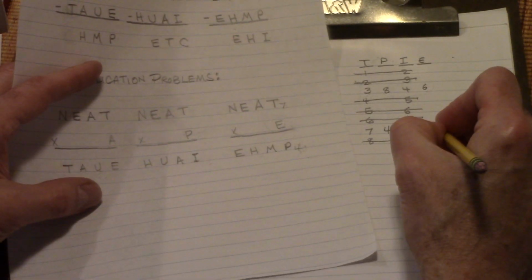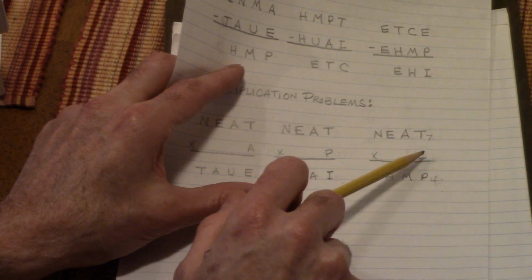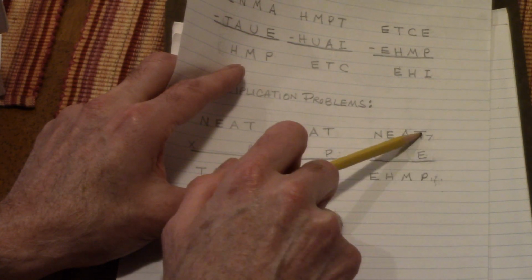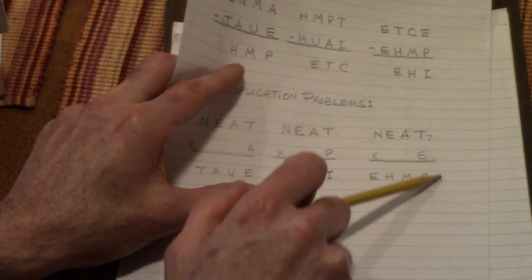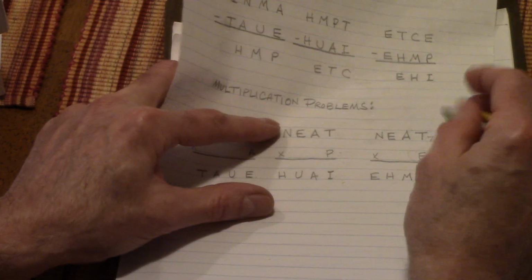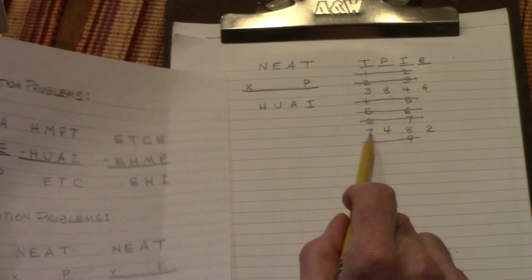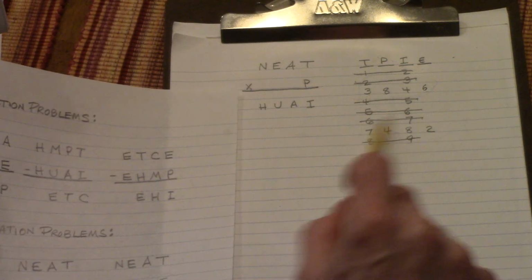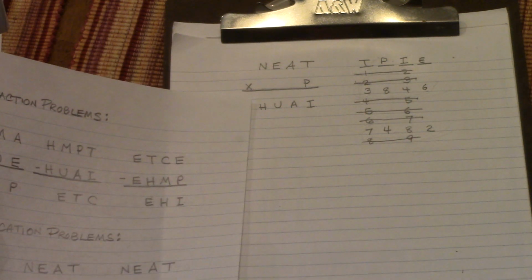Let's put 2 for E in that particular scenario. 7 times 3, 21. 7 times 4, 28. 7 times 5, 35. 7 times 6, 42. 7 times 7, no good. 7 times 8, 56. 7 times 9, 63. So, we still have 2 particular sets of variables that could still work in the problem.